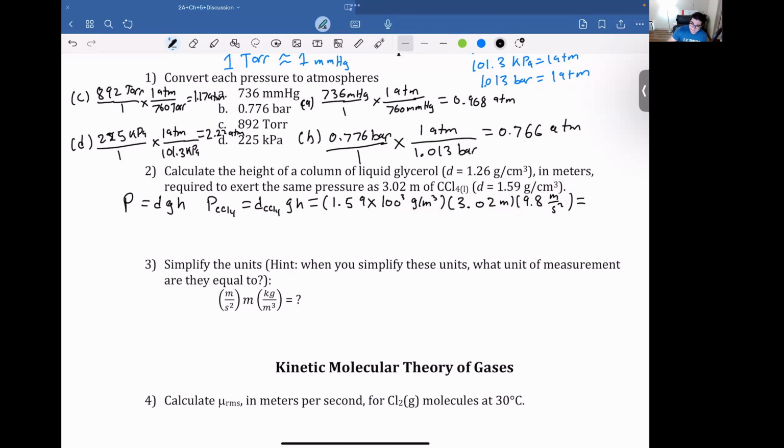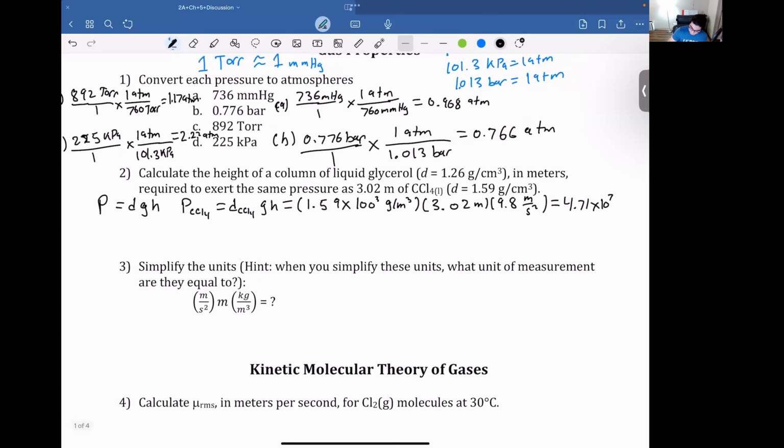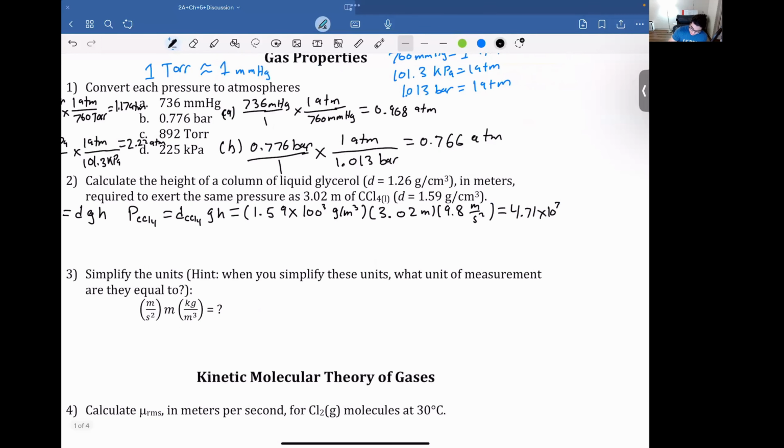Okay. Then when we go ahead and plug that in, we should get 4.71 times 10 to the 7th. And then this should be in pascals. Okay. Actually, wait a second. This is in grams, not kilograms.